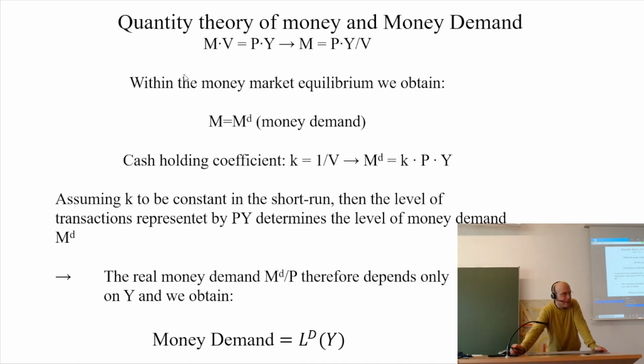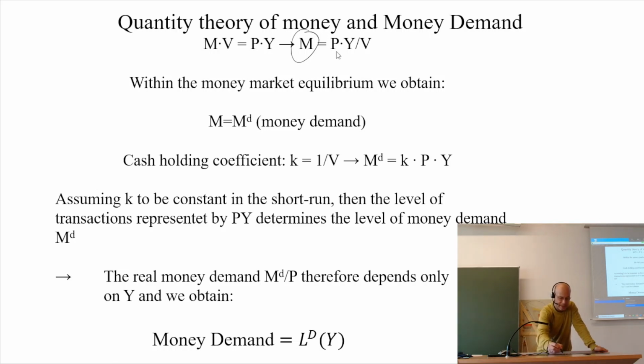Well, and if we take this equation as given, that it really holds, then we can manipulate it so that we have on the left side only the amount of money.